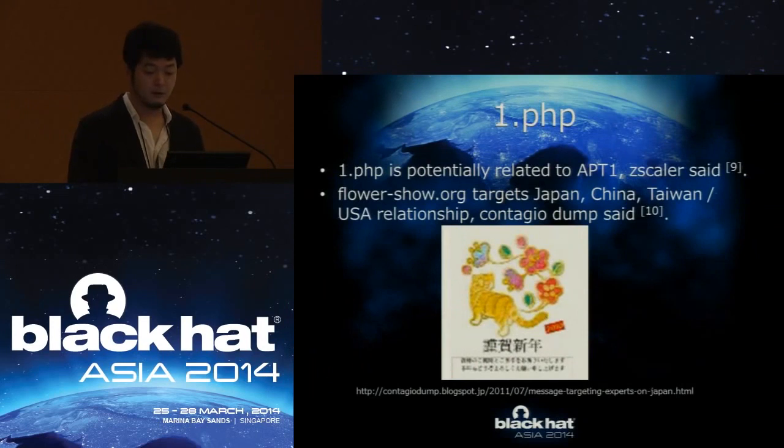There is a flower and a tiger in this picture. Flower clearly implies flower-show.org, and tiger implies the year of 2010 in the Chinese astrological calendar. East Asian countries, including Japan, use this calendar, so the attacker knows Japanese culture in depth.